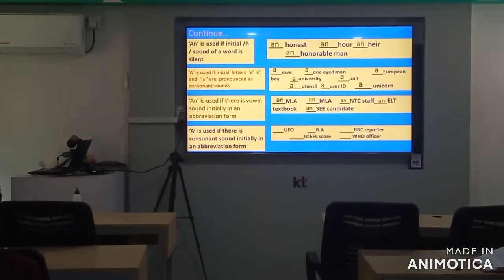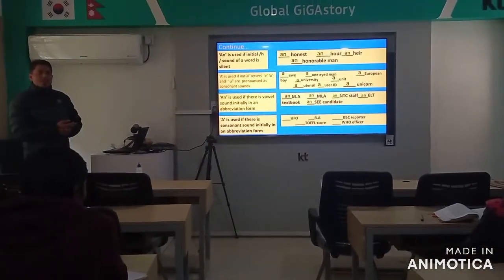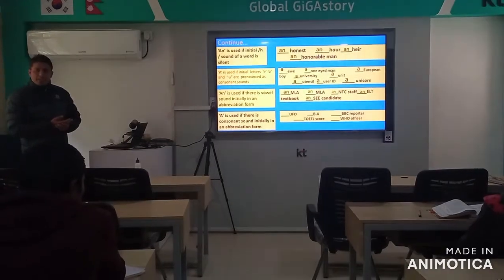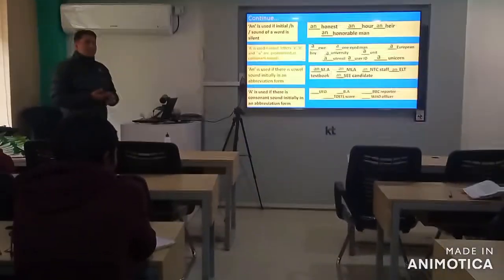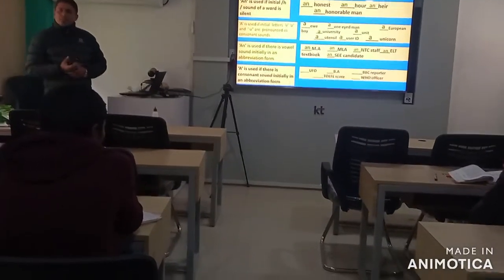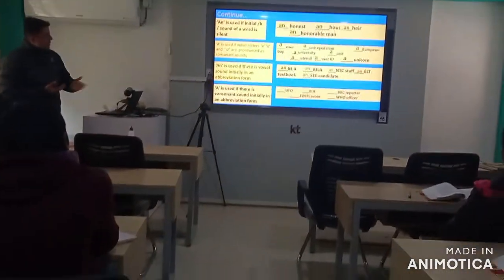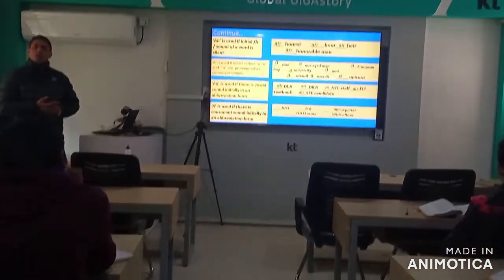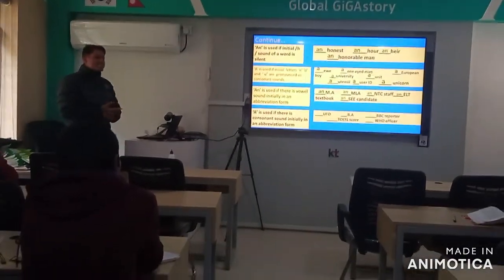Consonant sound. Okay, UFO. U is a consonant sound, from Nepali, ka kha ga, right? Byanjan varna, right? U, so we have to use the article "a". And B also gives a consonant sound. B, BBC, then TOEFL and W, all give us a consonant sound.